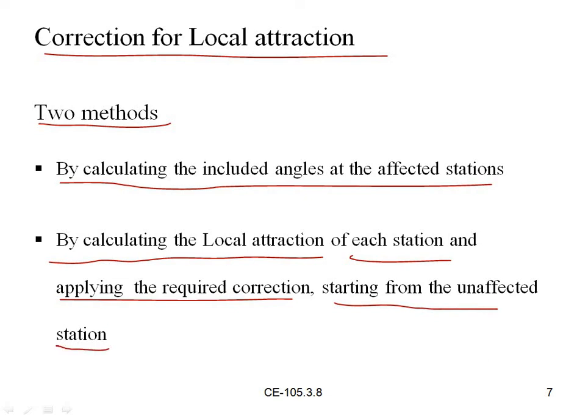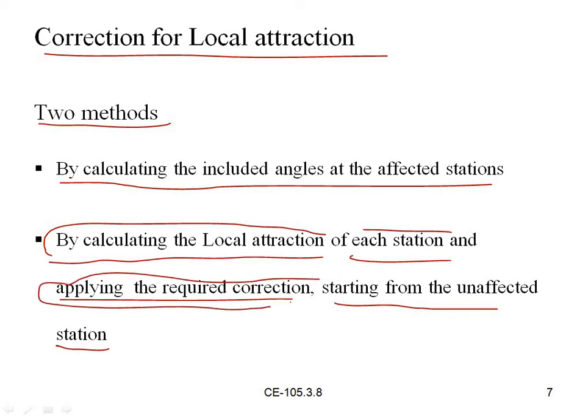That means we have to calculate it for each station and apply the required correction wherever the fore bearing and back bearing were affected, starting from the unaffected station. So wherever the affected station is, from that we have to do it to all the points. This is the correction for local attraction.